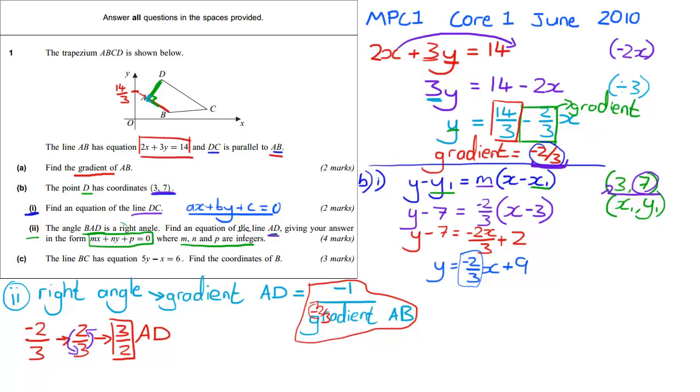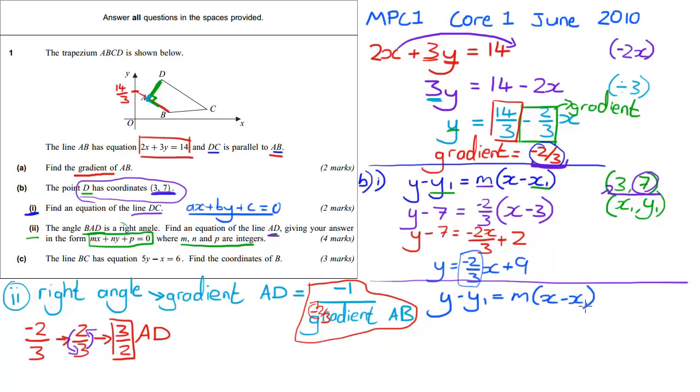So then we need a point. Well, luckily for us, we have a point. We've got the point D up here. So let's do the same as what we did earlier on in part B1, and use exactly the same thing. Let's draw a line under this here, and I think we'll go for blue. So y minus y1 equals m times x minus x1.